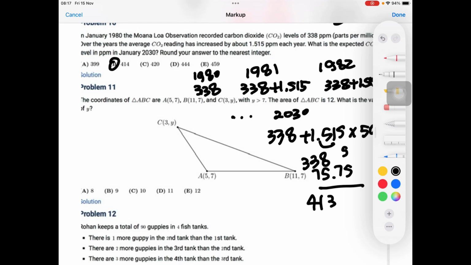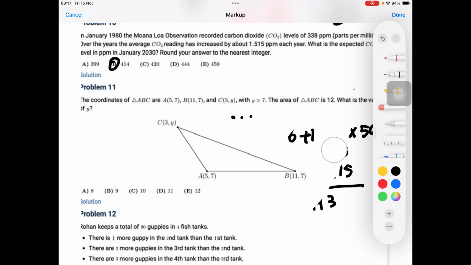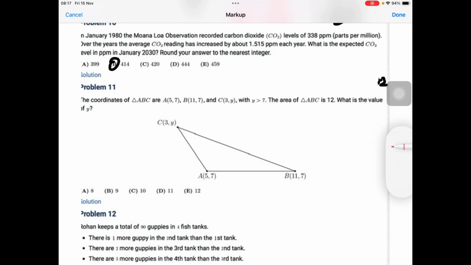And let's go to the next one. Coordinates here. This is triangle ABC like this. Area is 12. What is the value of y? So here, when we see this obtuse triangle, we know how to find the height here. This height is y minus 7.